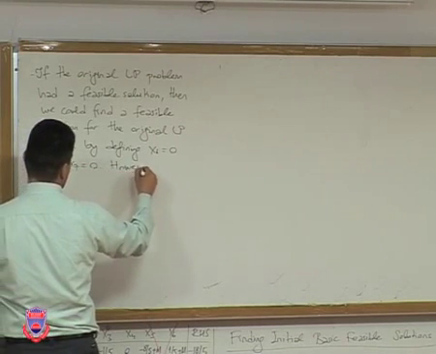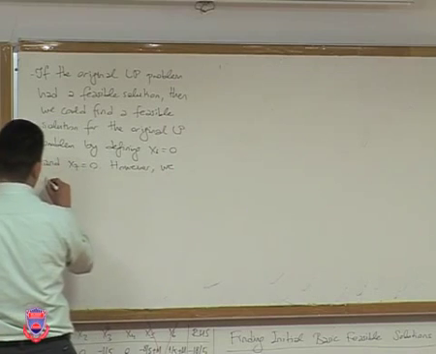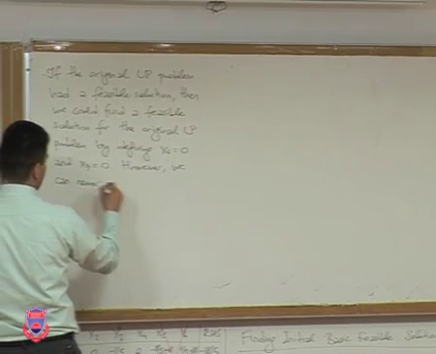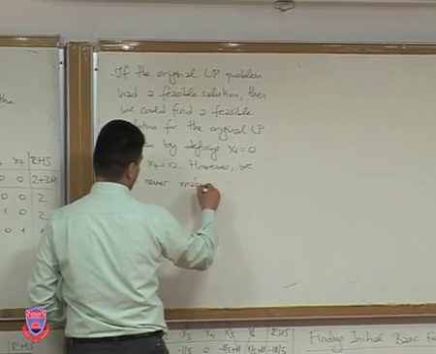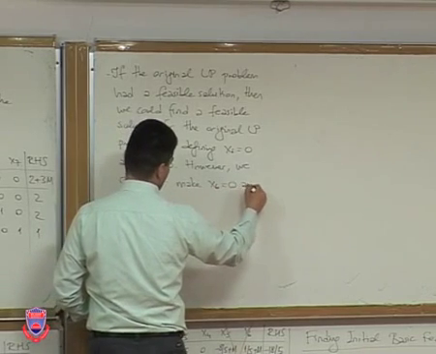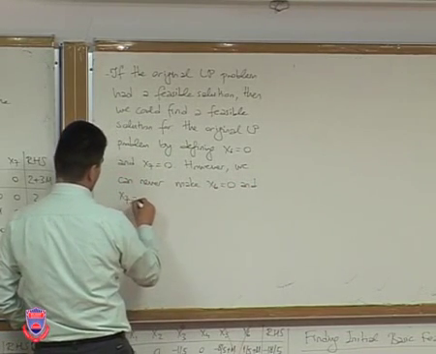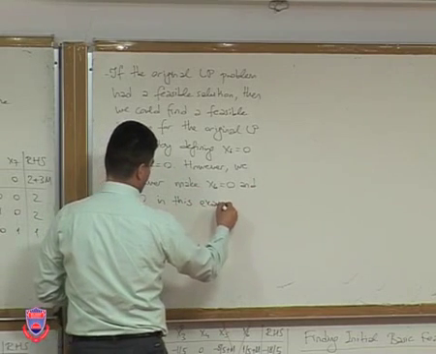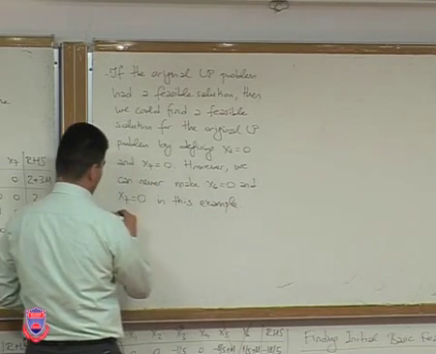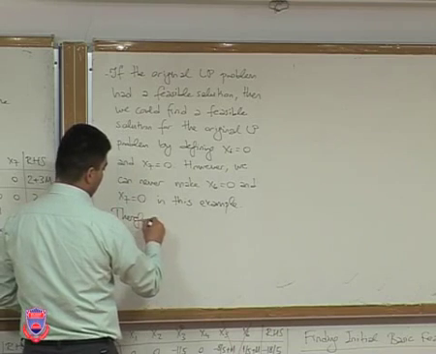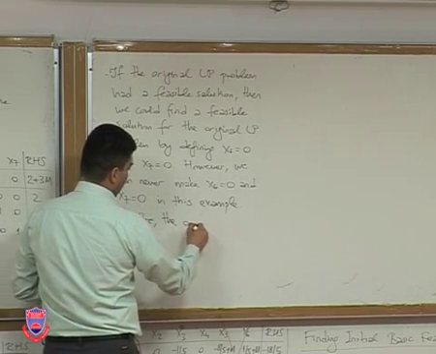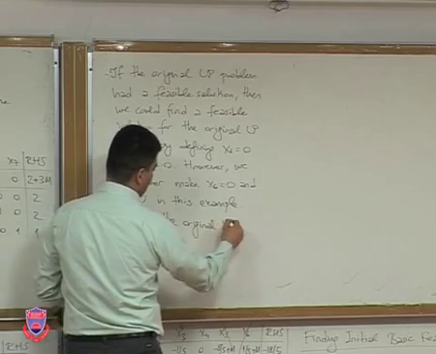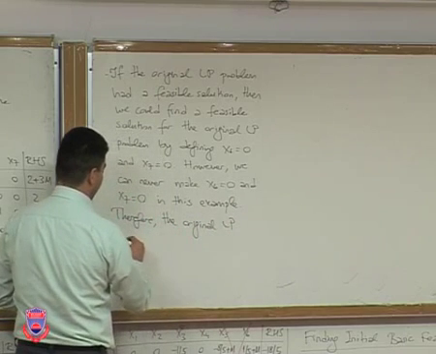However, we can never make x6 and x7 equal to 0 in this example. So therefore, this implies that the original LP problem is infeasible.